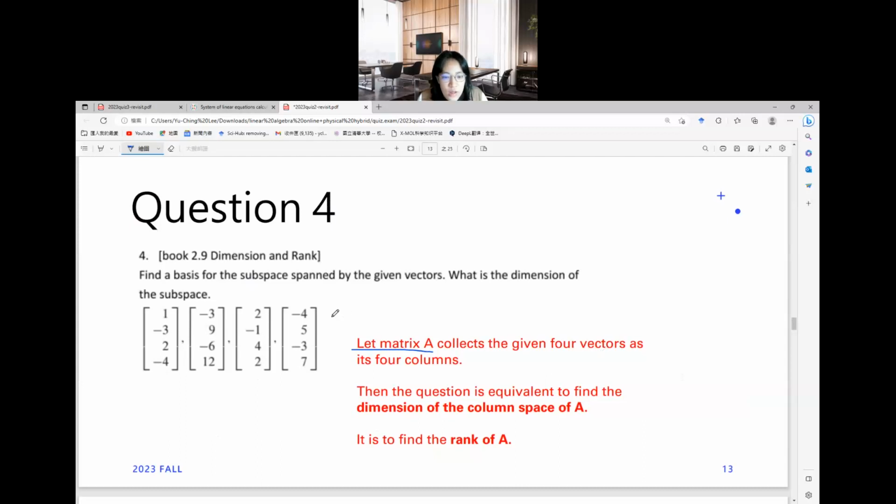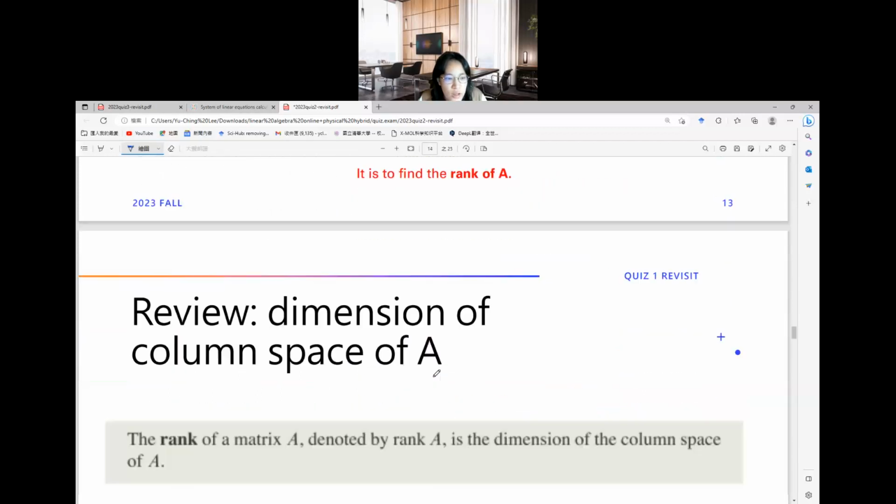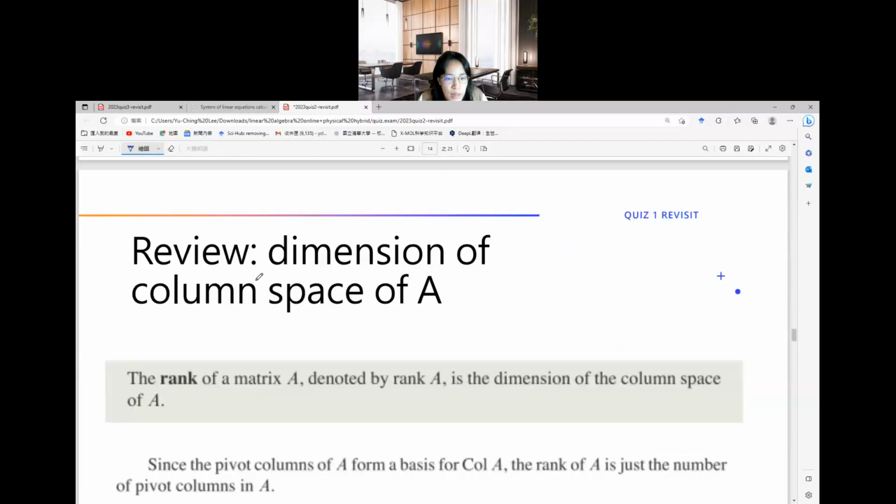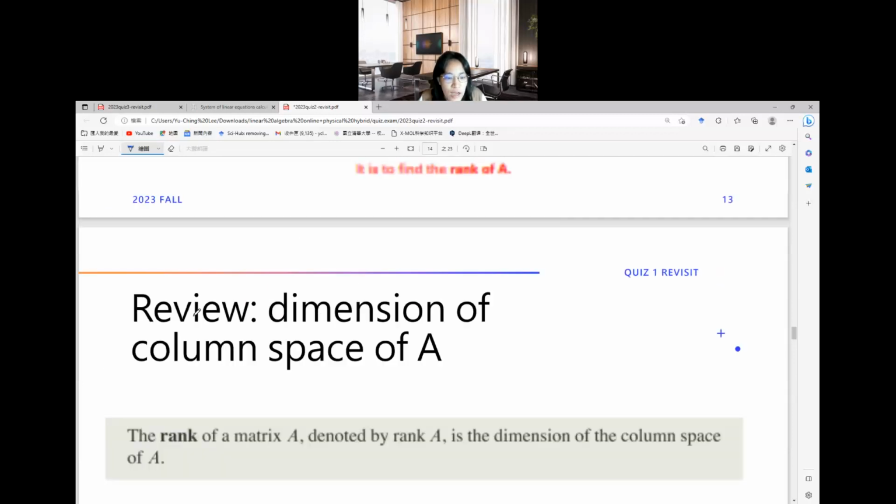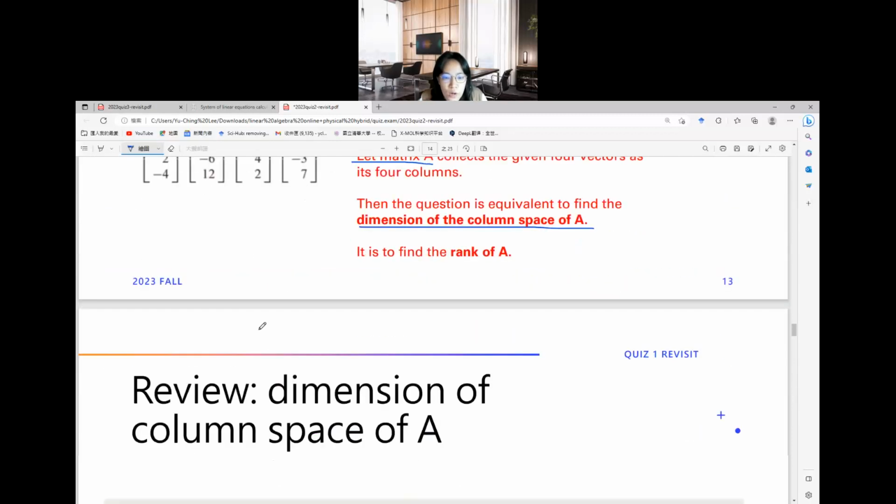Then the question basically asks us, what is the dimension of the column space of A, right? It asked, what is the dimension of the subspace spanned by the given vectors? And by definition, the column space was defined as the span of the column vectors.